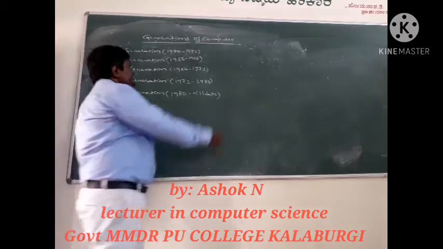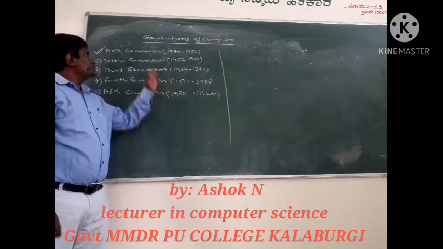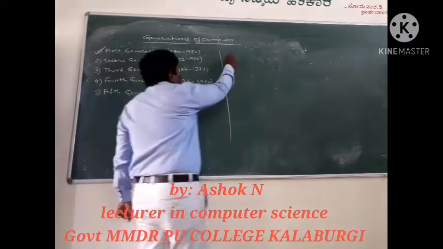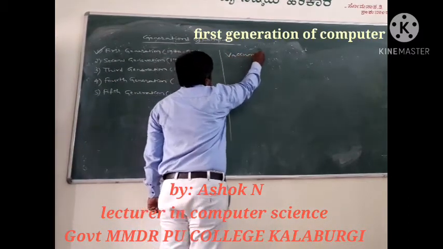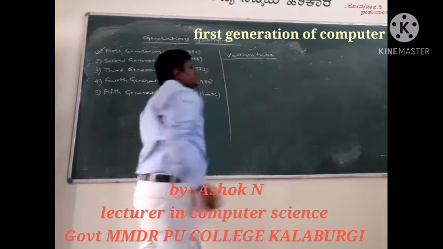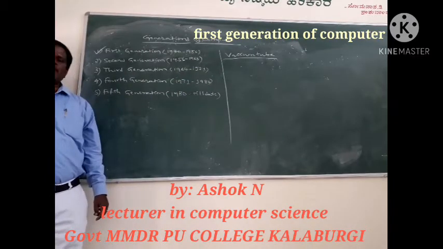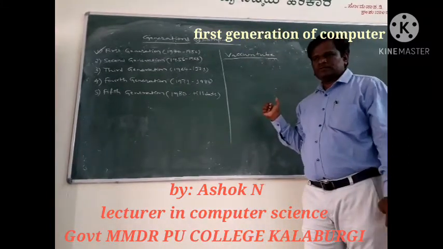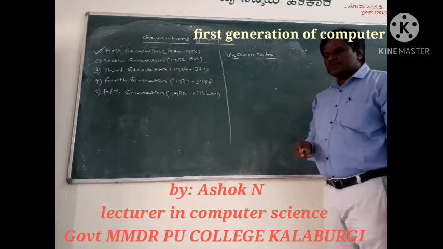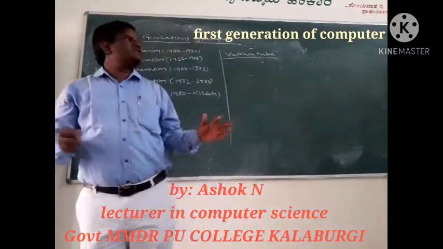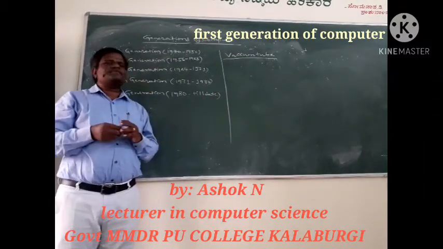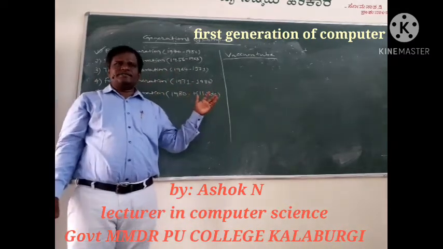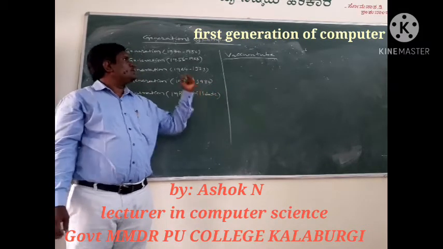The main device used in first generation computers is the vacuum tube, which was the main component of those computers. Using vacuum tubes, the size of the computer became very large, almost occupying one room, because it contains so many connections, wires and switches.